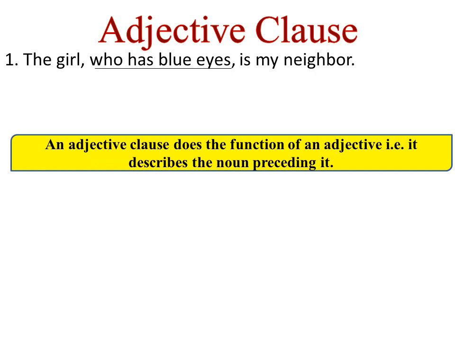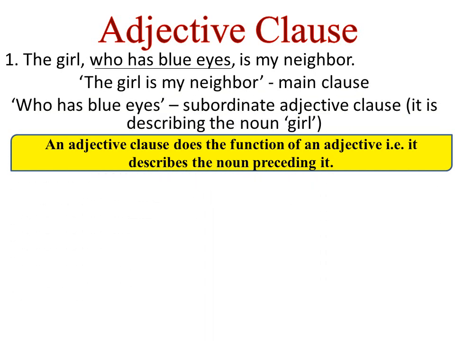Thus, this part is the subordinate clause. Since it is giving additional information about a girl, which is a noun, it becomes an adjective clause, because an adjective clause does the function of an adjective. Thus, the girl is my neighbor becomes your main clause, and who has blue eyes becomes the subordinate adjective clause because it is describing the noun girl.